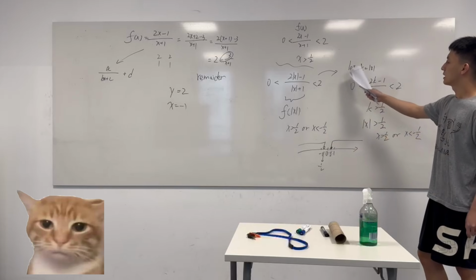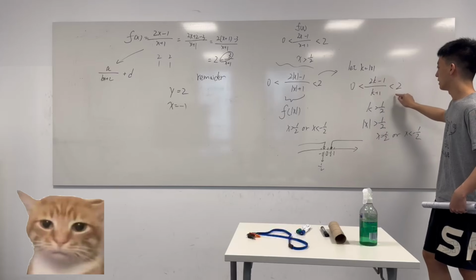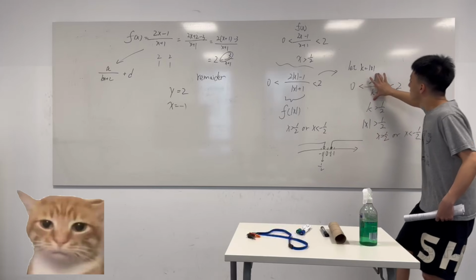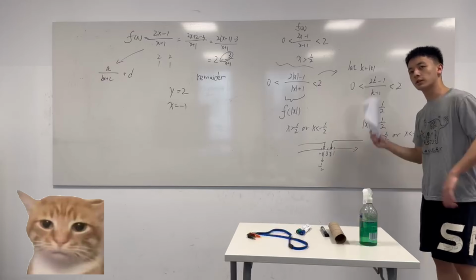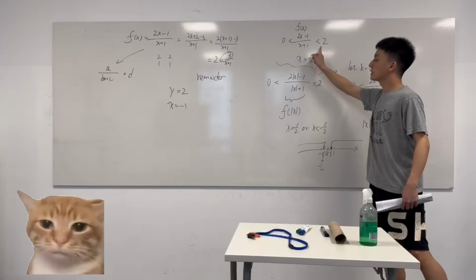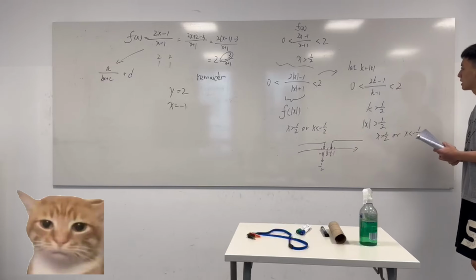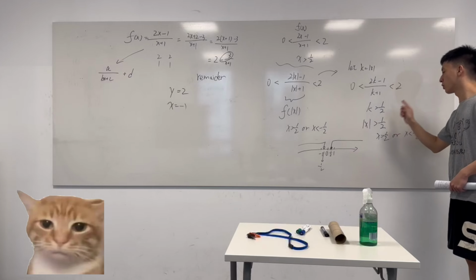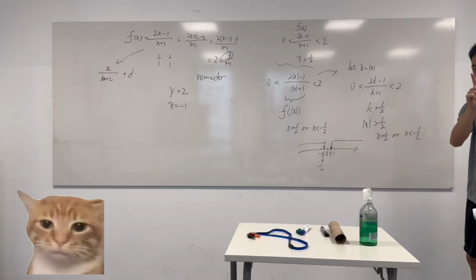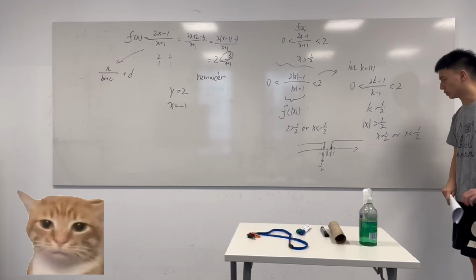Let's let k equal to the absolute value of x, then we get an inequality like that. These two inequalities are exactly the same, we just use different letters. So if the answer of this inequality is x more than 1 over 2, then the answer of this inequality should be k more than 1 over 2. K is equal to the absolute value of x. Therefore, the absolute value of x is more than 1 over 2.